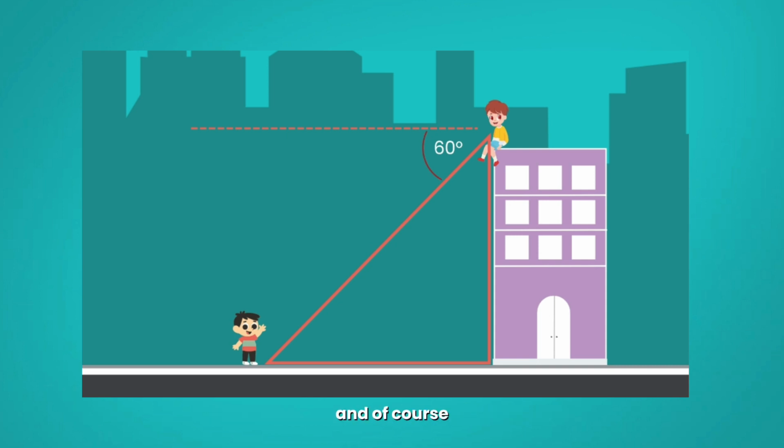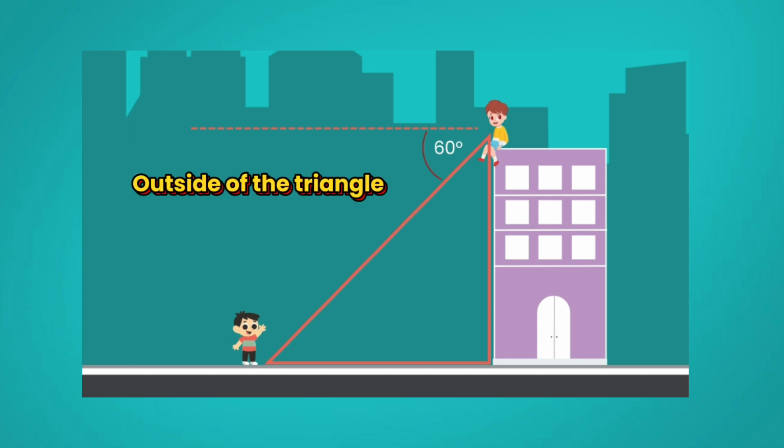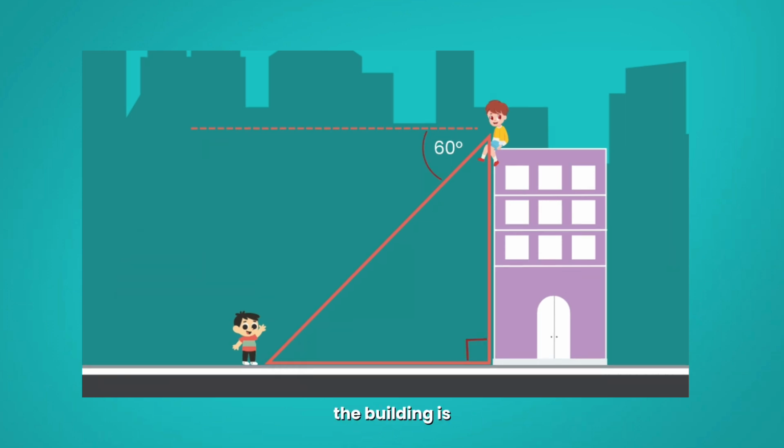And of course, that angle is outside of the triangle. So the triangle has the right angle here. The building is 200 feet tall, so this side of the triangle is 200. But there is no known angle here, right? This 60 is outside the triangle.